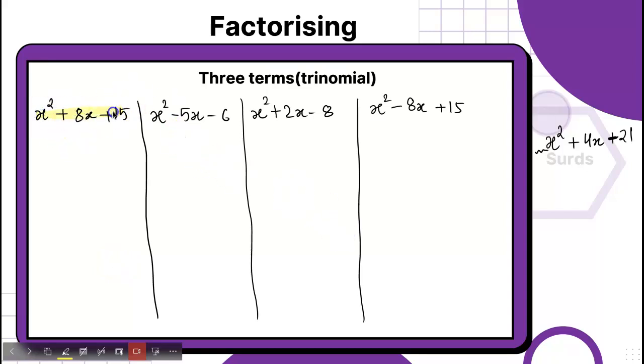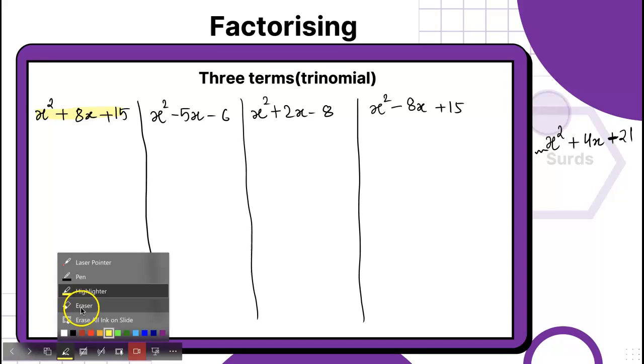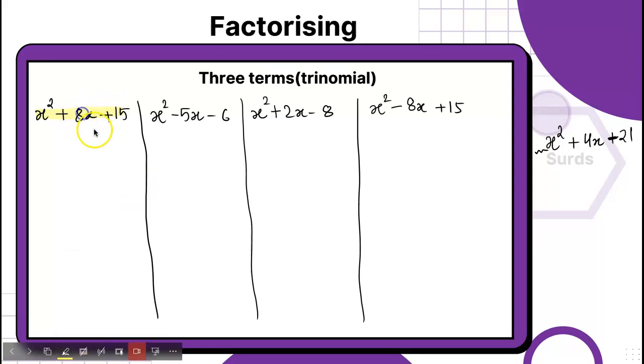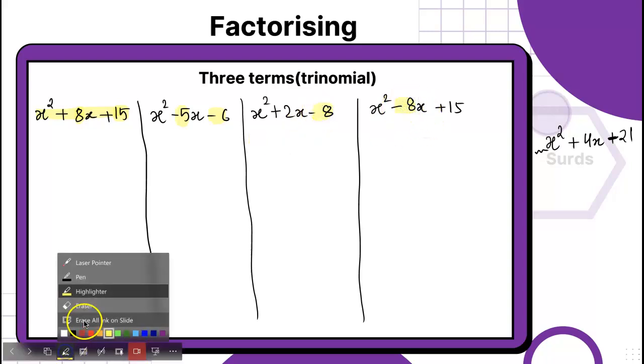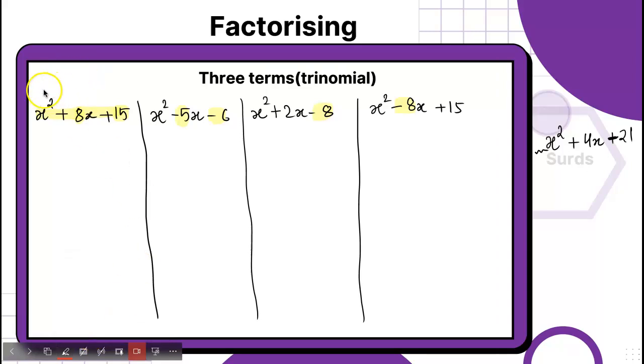We have all positive, right? Especially we focus on the numbers. What numbers do we focus on? We focus on 8 and 15. So they both are positive. We have both negative. We have last negative. We have middle negative. So let's categorize what we have.